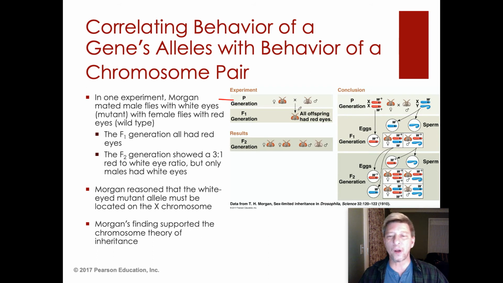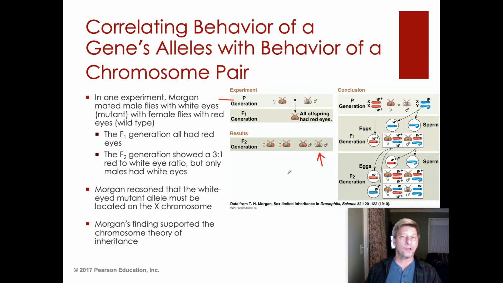He found that all of the offspring had red eyes, every single one. But then he noted that in the F2, there were 3 red-eyed organisms to 1 white-eyed. So it's a 3-to-1 ratio. Great, all fine and good. But there's one little catch here. He noted that every single one of the white-eyed flies was male.